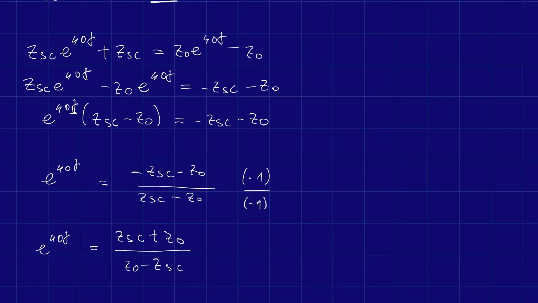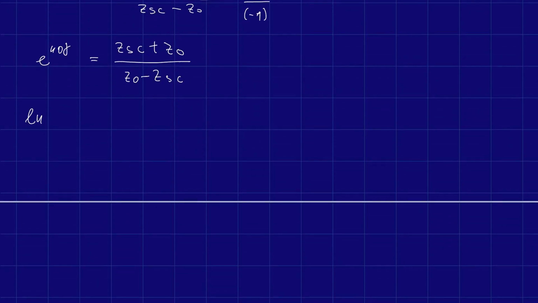Okay. Now, if we were dealing with real numbers, we would have just applied the natural logarithm to both sides and would have gotten the result for 4l gamma. But now we deal with complex numbers, so it's a little bit different. When we have the natural logarithm of a complex number, z we'll call it, and this z is equal to x plus jy, or iy, it's the same thing, just a matter of convention. This is in one form, but we can also write it in the polar form, which is r e to the i theta.